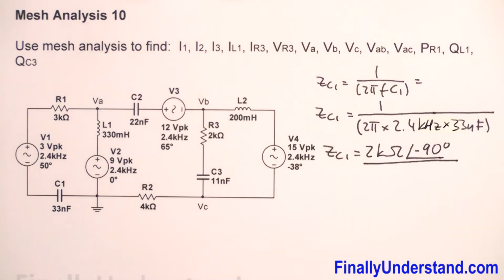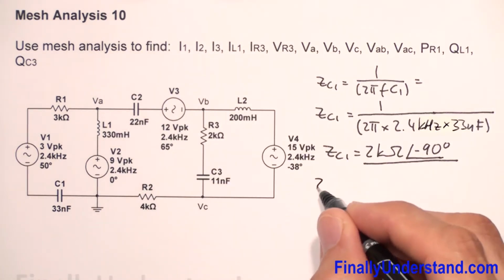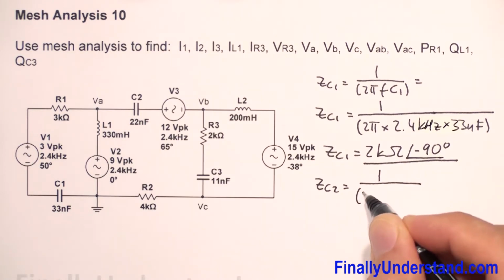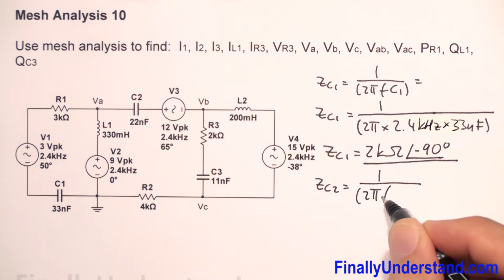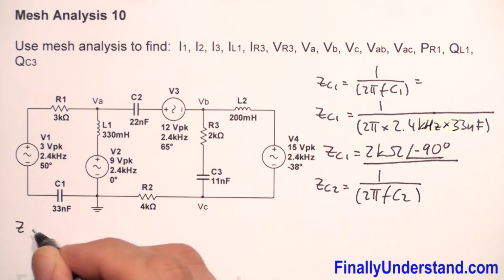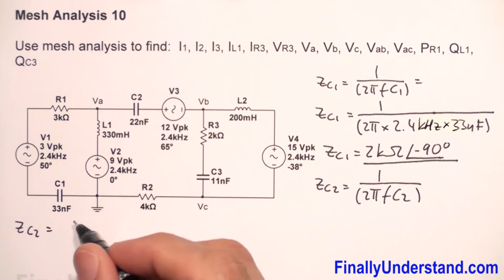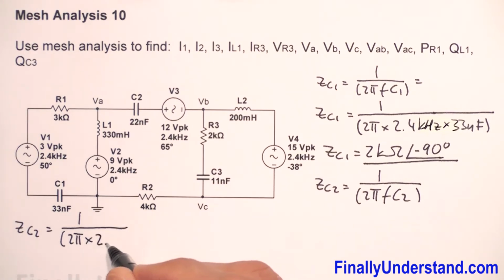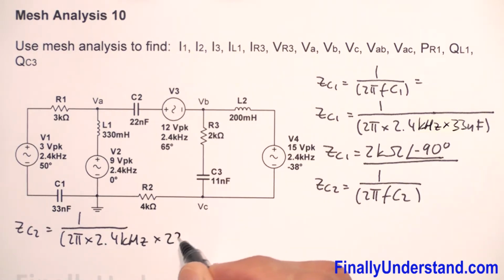Next, I'm supposed to find the impedance of capacitor C2. ZC2 is equal 1 divided by, open parenthesis, 2 pi FC2. ZC2 is equal 1 divided by, open parenthesis, 2 pi times the frequency 2.4 kilohertz times C2, which is equal 22 nanofarads.